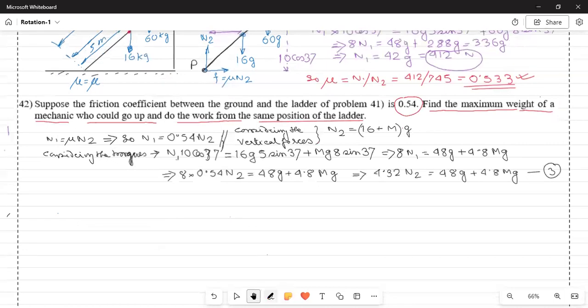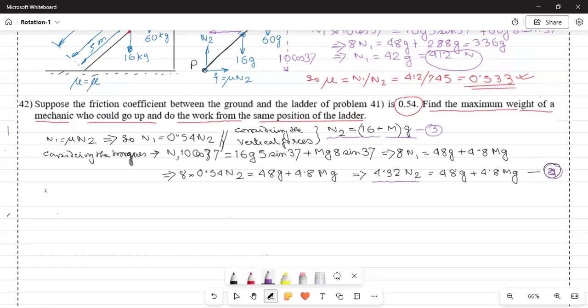Once we have done this, here we have got 4.32 N2 is equal to such and such. Earlier we have got N2 equal to this. So let us call it equation 4.